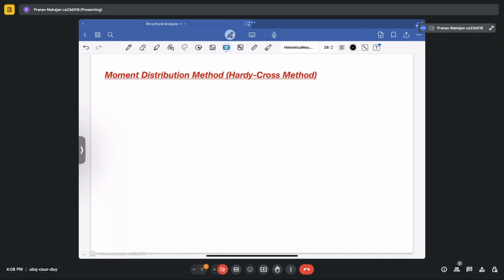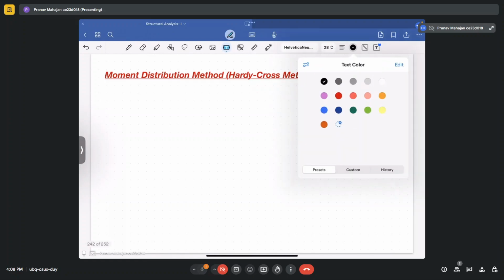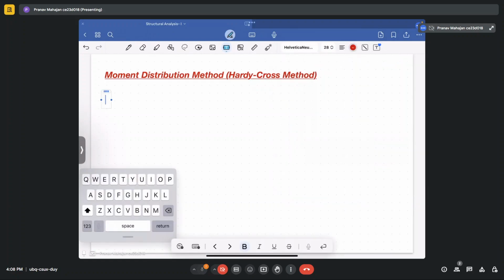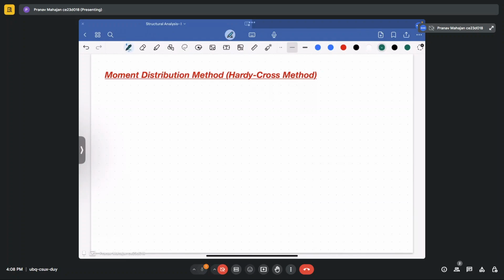So first of all, we will define absolute stiffness for various members. For absolute stiffness, let's say we have a cantilever beam available with us.